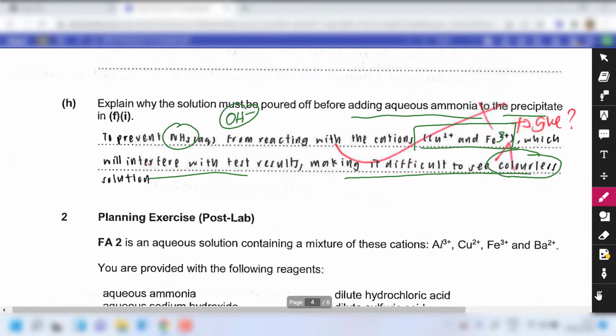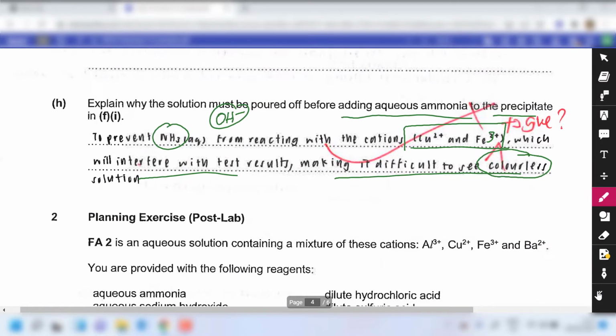Over here for part H, I think I have already sort of answered it when I was doing the lab demonstration. I gave you a negative example as well, and from the negative example, you do take note that when we have aqueous ammonia being added without decanting the solution, the whole solution is actually quite messed up.